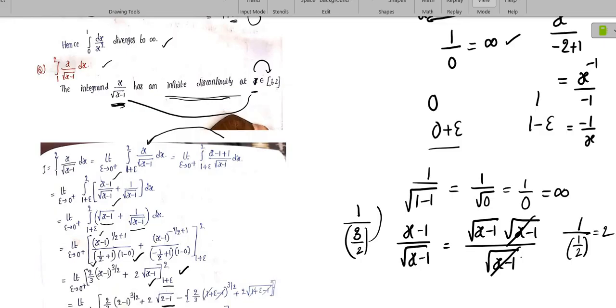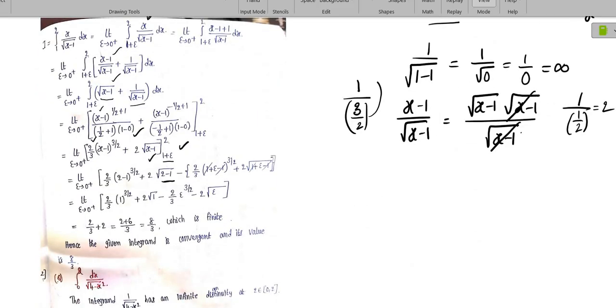Now write down the remaining terms. The remaining terms are 2/3, 1 to the power 3/2, 2 minus 1 is 1, root 1 is 1, 1 into 2 is 2. Here I am substituting 0 in place of epsilon. 0 to the power anything is 0, 0 into anything is 0, root 0 is 0, 0 into 2 is 0.